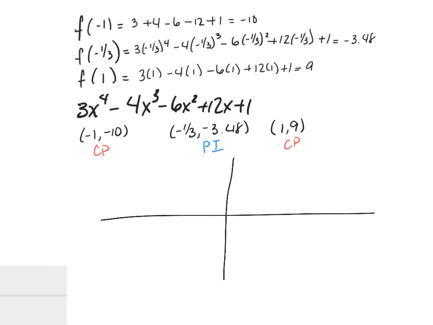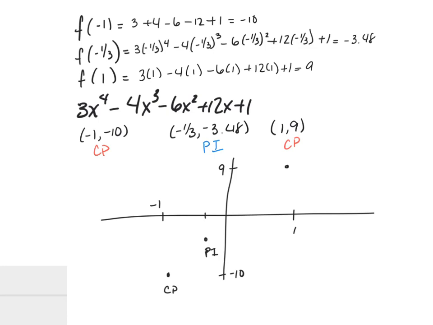I should probably make this slightly bigger for the -1. So let's make this -1, negative 10. And then negative 1/3 and negative 3.48. So this is a critical point. This is a point of inflection. And then at 1, 9, make this kind of somewhat symmetric. Here's 1 and here's 9.